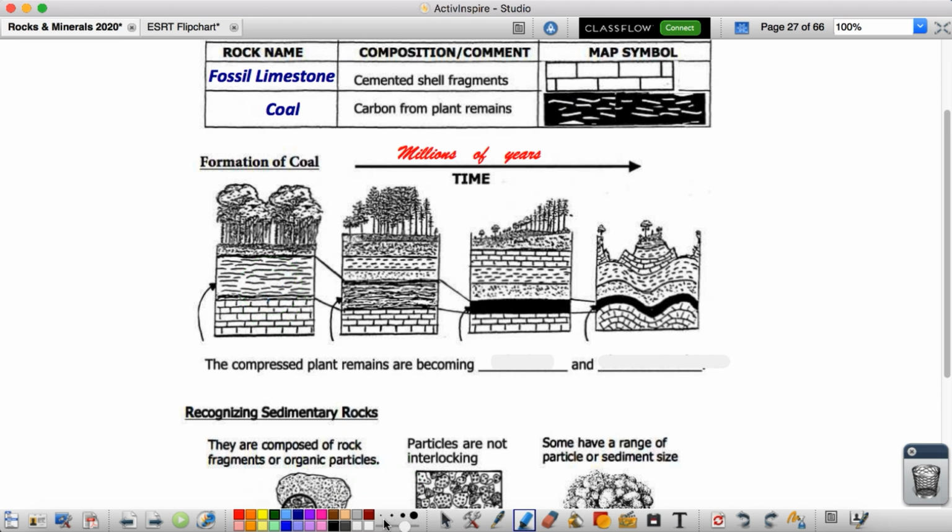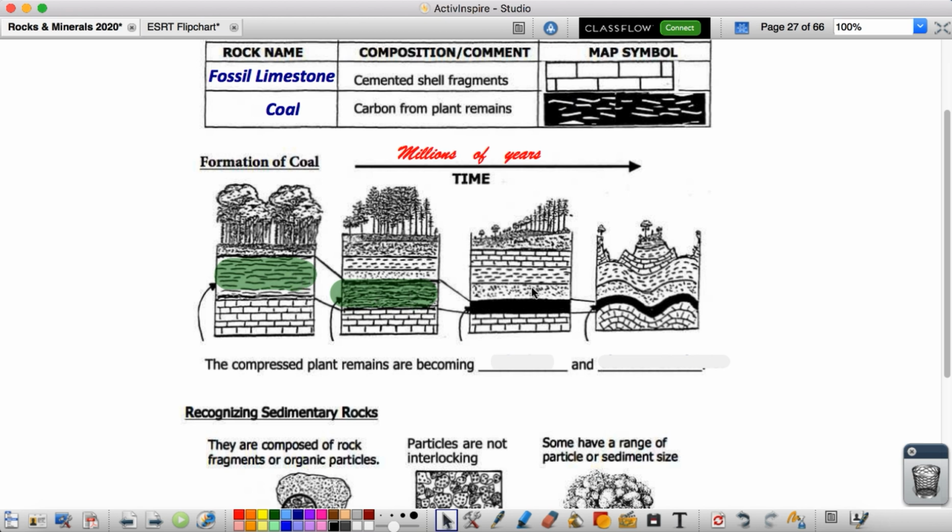Now the plants die, and the plant matter of the dead plant eventually gets pressed tighter and tighter and tighter over time as the accumulation and the weight above it gets greater and greater. Now what happens is that rock eventually becomes denser, harder, blacker, and shinier.